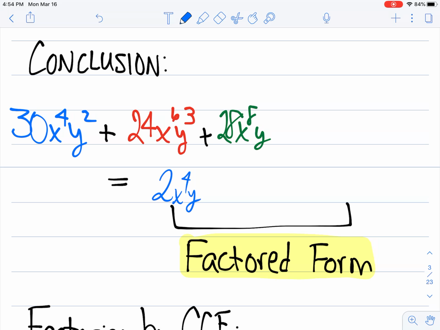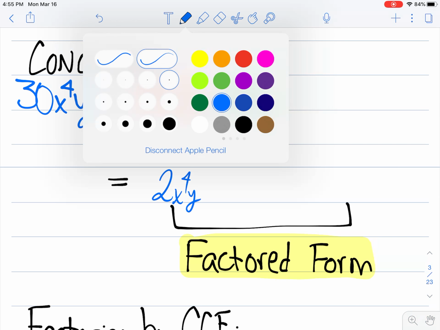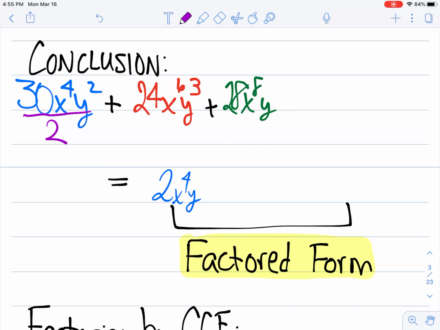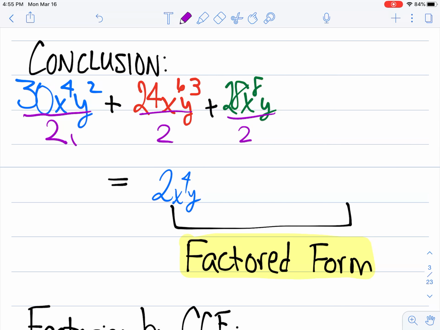Now, if we want to find the GCF, I'm going to move this up one level here just real fast, because what I'm going to do now is divide each one of these terms by 2, like so, to get the values in the second group. And not only 2, but 2x to the fourth y. I'm going to divide them by the GCF. Okay, so when you do this, you will have 2x to the fourth y.